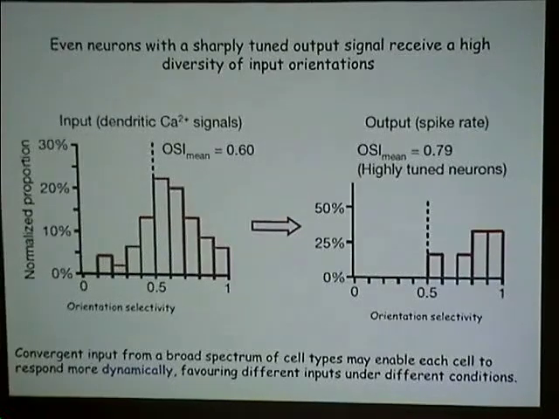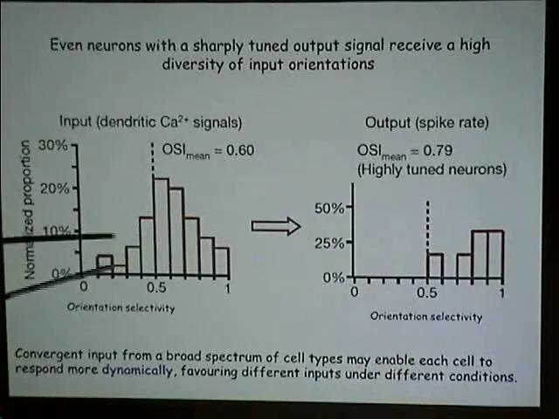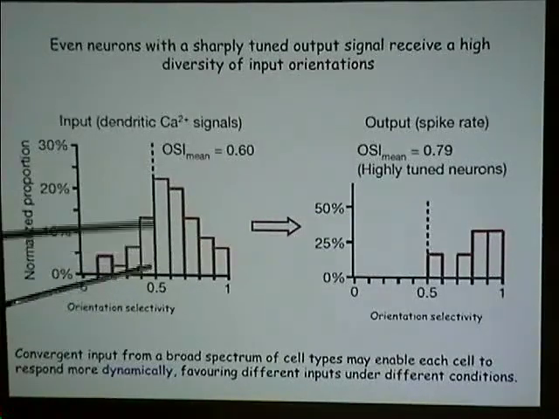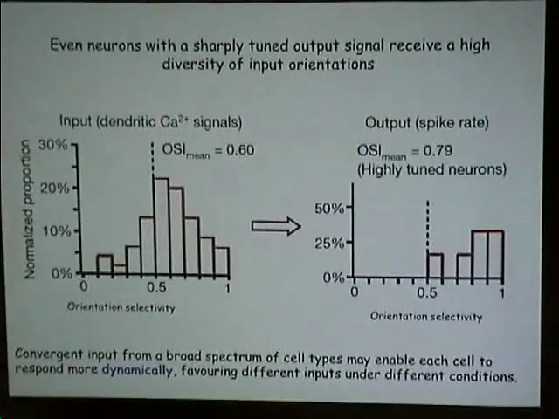This first paper from the Konnerth lab had very few cells, but it has more recently been at least partly confirmed by a paper from the Svoboda lab with a much larger sample, where they show that although for the inputs there is a bias to what actually becomes the output, the variation is much larger across the inputs.